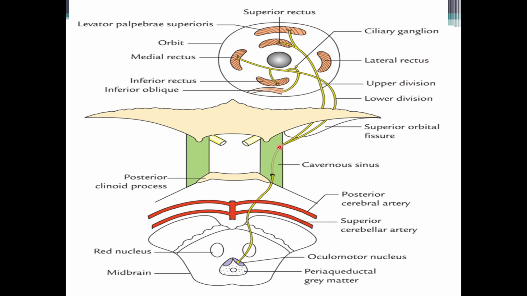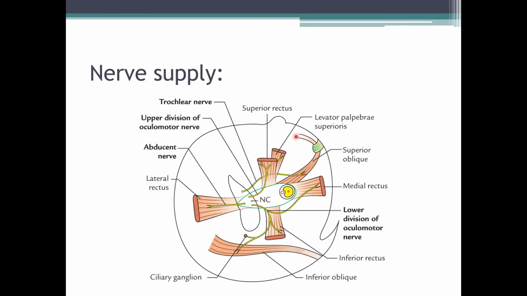After passing through the cavernous sinus, it goes forward and enters the orbit via what? Via the middle part of the superior orbital fissure, which we already saw over here also. This is the middle part of the superior orbital fissure.